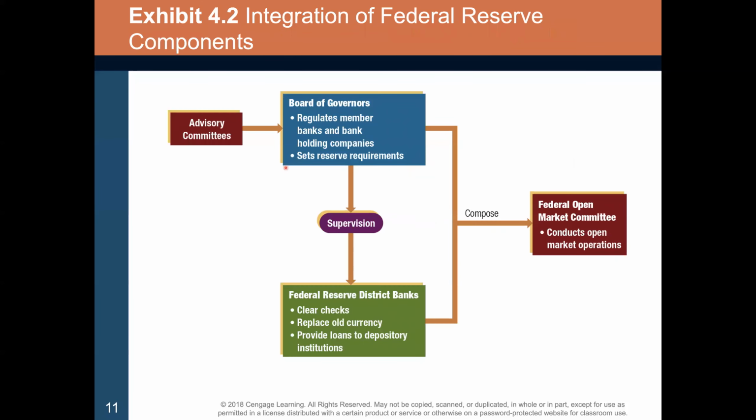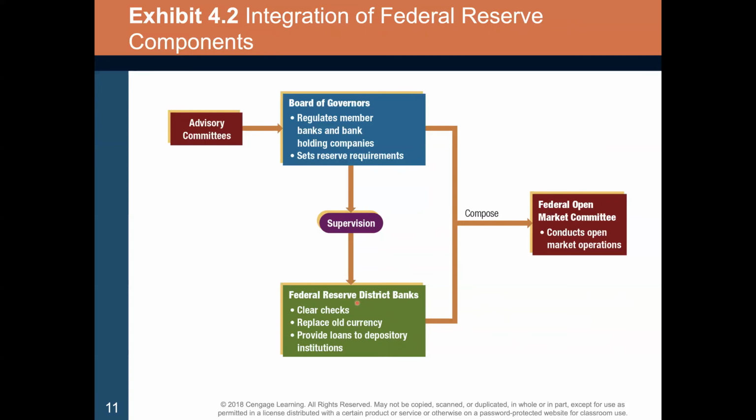So here we've got advisory committees. You can see here in Exhibit 4.2, they give advice to the Board of Governors. The Board of Governors regulate member banks and bank holding companies and set reserve requirements, which we'll talk about here in just a second. They perform a supervisory duty over the district banks.